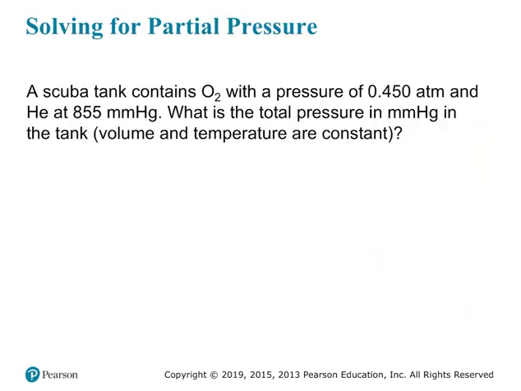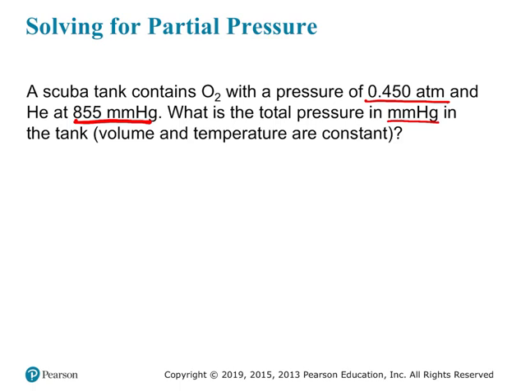All right, so let's use this law that we just learned about. Let's say that a scuba tank contains oxygen with a pressure of 0.45 atmospheres and helium at 855 millimeters of mercury. What is the total pressure in millimeters of mercury in the tank?